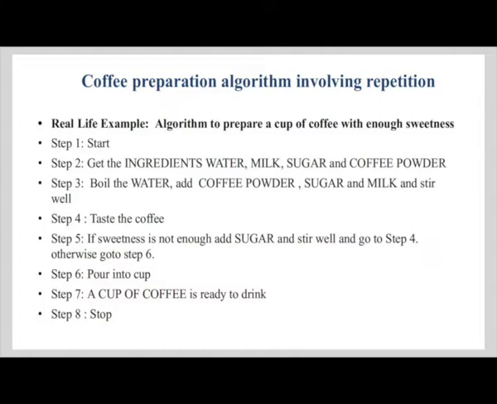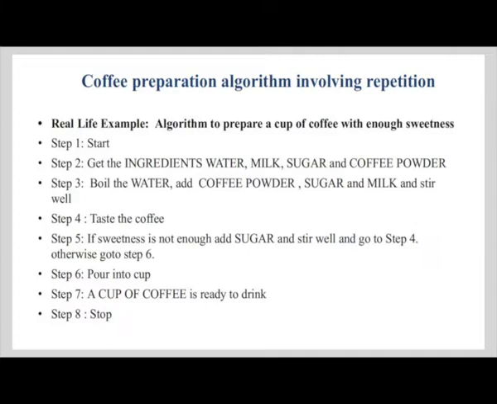Step 1, start. Step 2, get the ingredients such as water, milk, sugar and coffee powder. Step 3, boil the water, add coffee powder, sugar and milk and stir well. Step 4, taste the coffee.